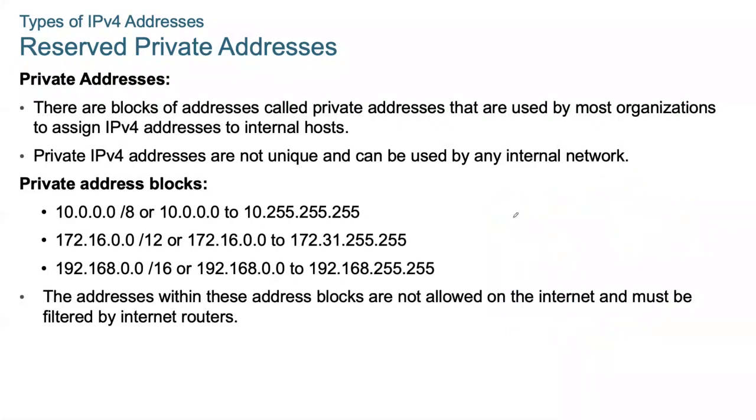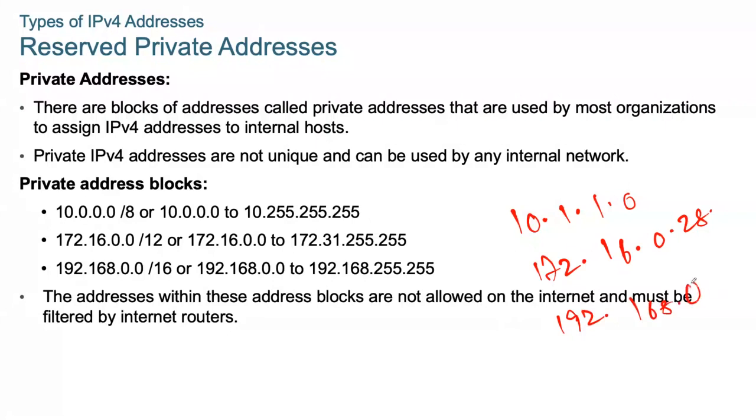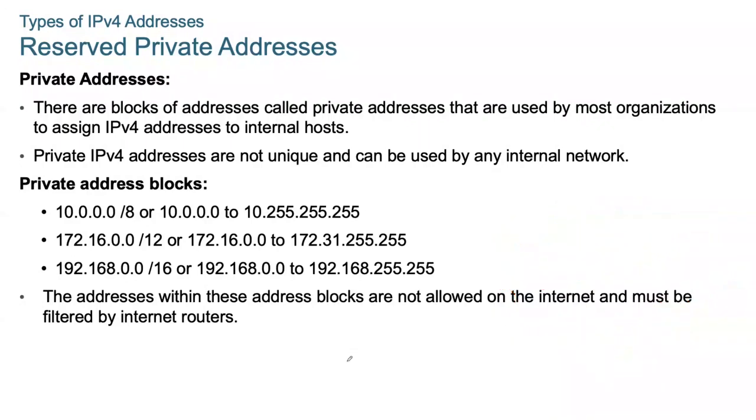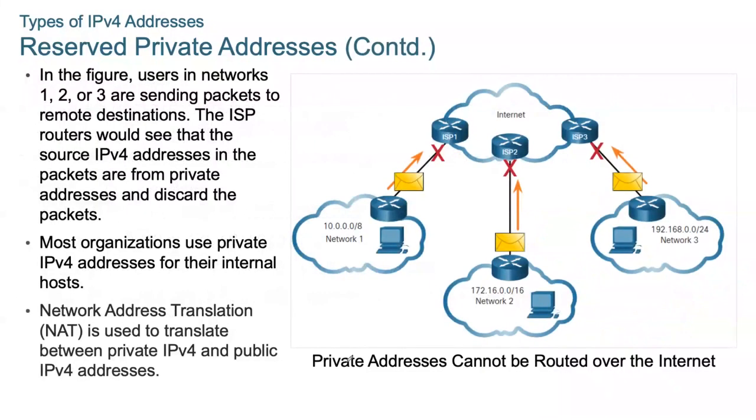If anything starts with 10.1.1.0, and if anything starts with 172.16.0.228, and 192.168, suppose 0.254, these are all private. Why? Because they start with these series. They are reserved IP addresses as private IP addresses, right? So don't be confused in that one.